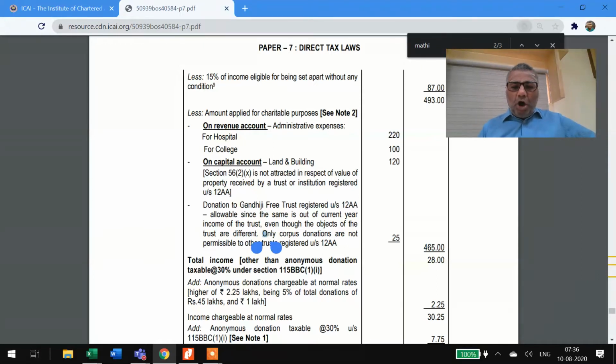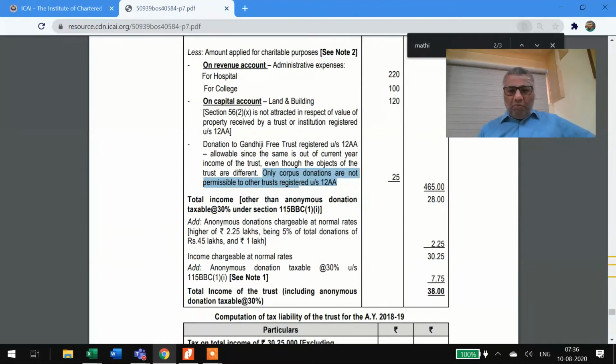Only corpus donations are not permissible. Write this line in the examination. 25. So you will hit at 28 as the total income other than anonymous donation. And then the usual answers.